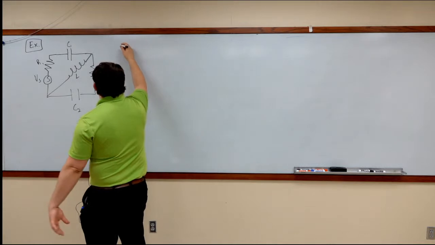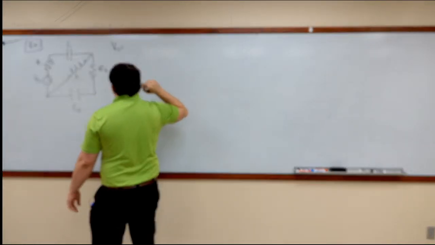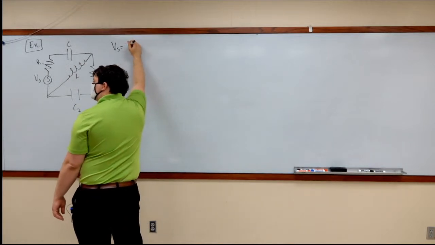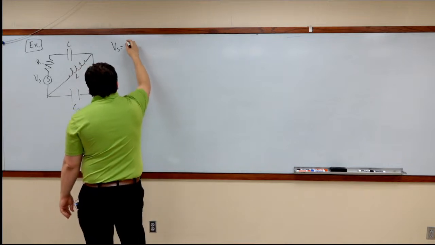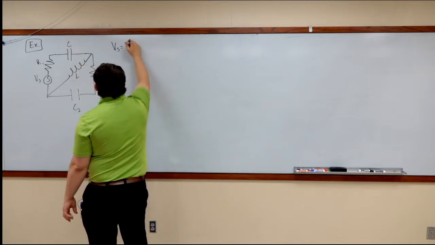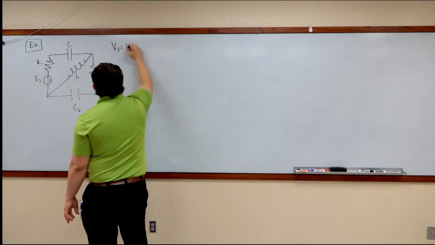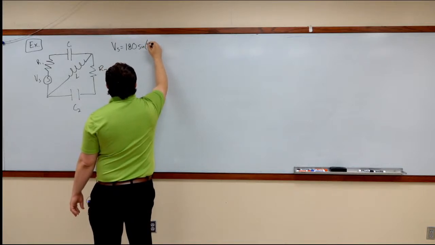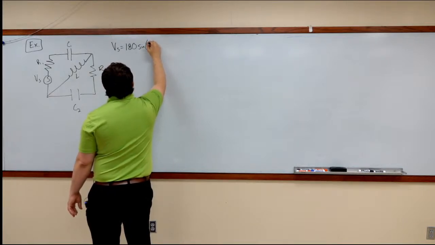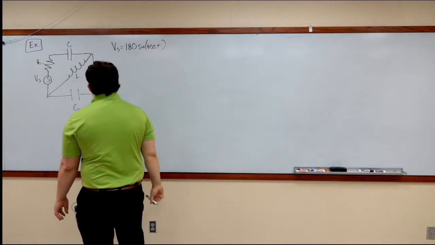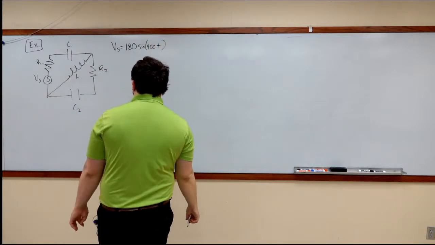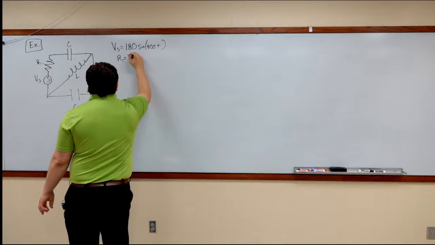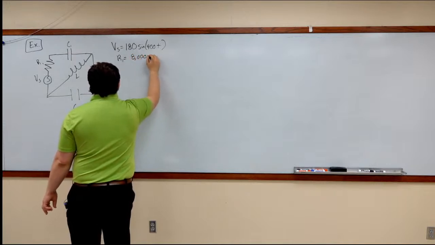Okay, so some numbers for the problem. We'll say Vs is equal to 180 sine of 400t. R1 is equal to 8,000 ohms.